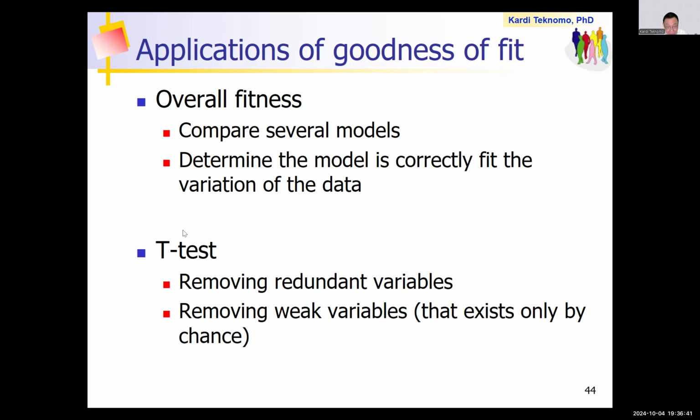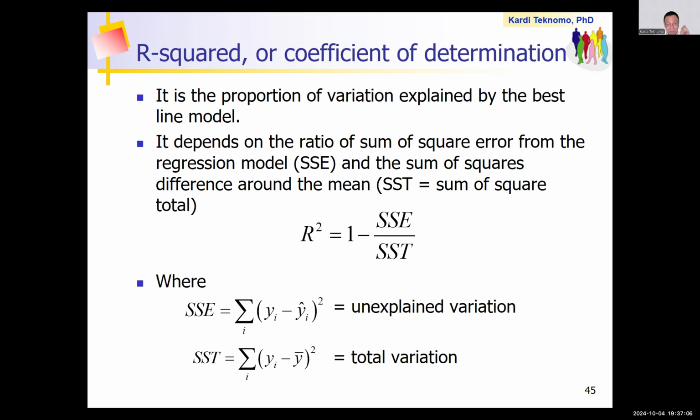While the t-test is useful if you have many variables and you want to remove some redundant variable or some weak variable, where weak probably means they exist by chance. The number 1.96 a while ago is basically 5% error, but they are actually just there because of chance.